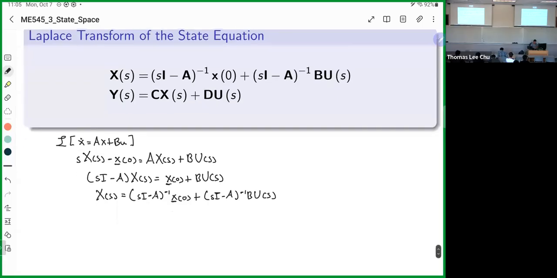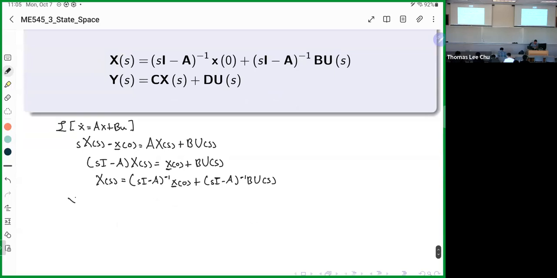Now, if I were to plug this into our output equation, y of s is equal to c times sI minus A inverse times x naught plus c multiplied by sI minus A inverse times B times U of s plus D times U of s.